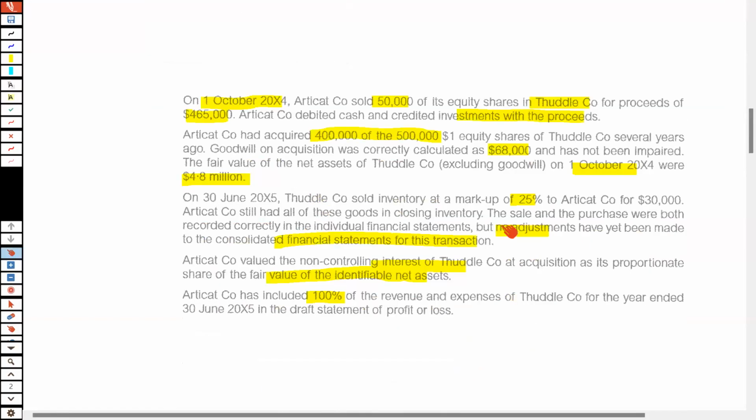Okay, can you just read through it and let me know what is going to be the impact in the P&L on this?